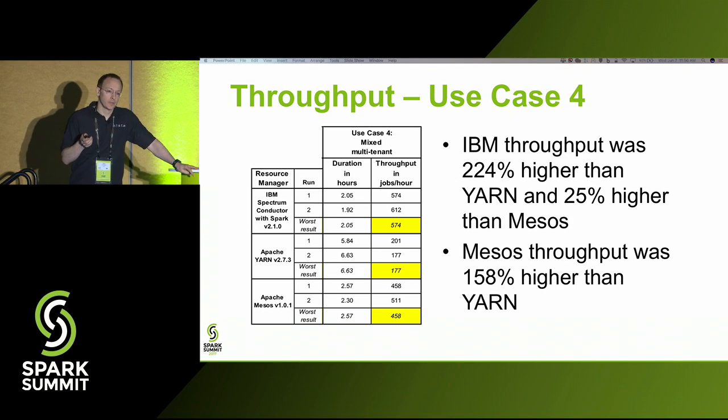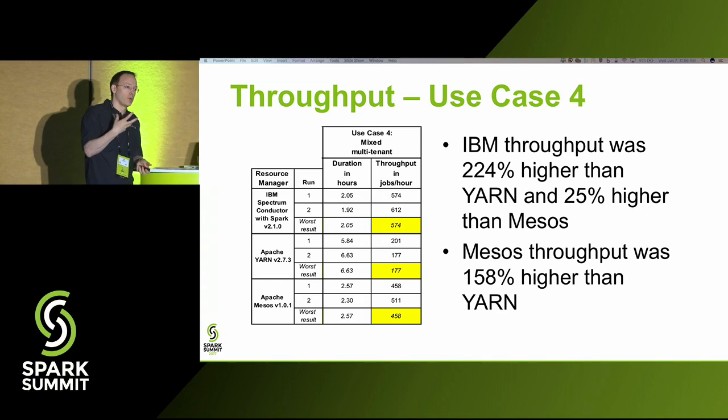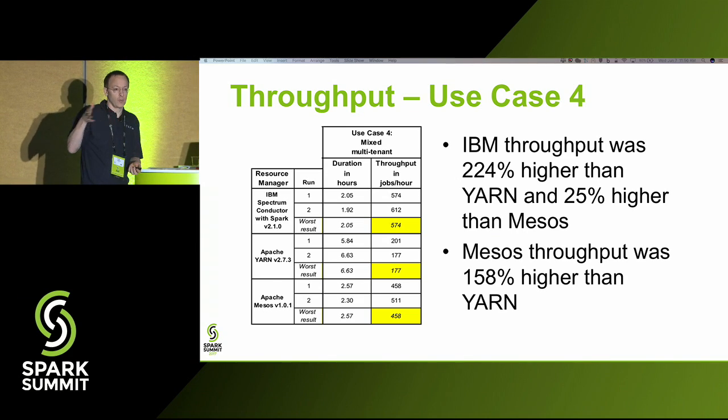I said I'd mention some limitations. One of the problems with use case 4 was each platform had some tricks to it. In the Conductor case, there was actually a bug which prevented preemption from having much effect in this case, because Conductor does have preemption capability. That bug's been fixed, but in any case, that was a pain.